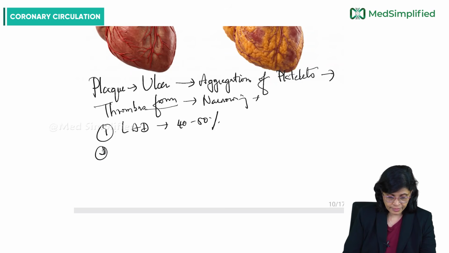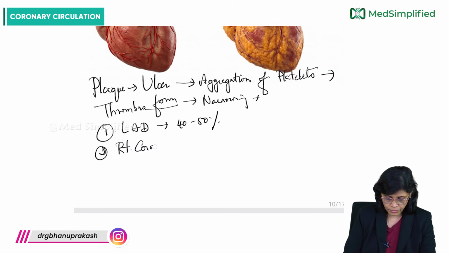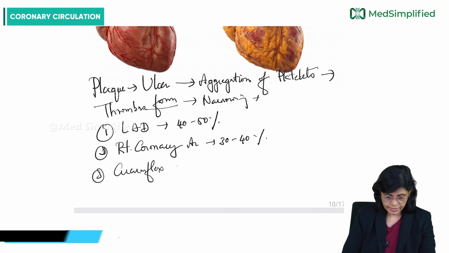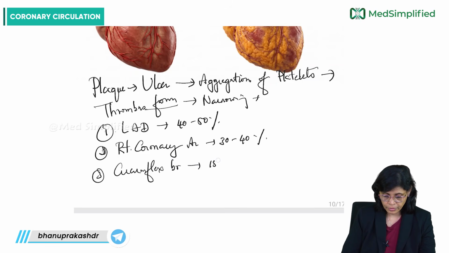The second most common is the right coronary artery, about 30 to 40%. And the circumflex branch is the next, in about 15 to 20%.